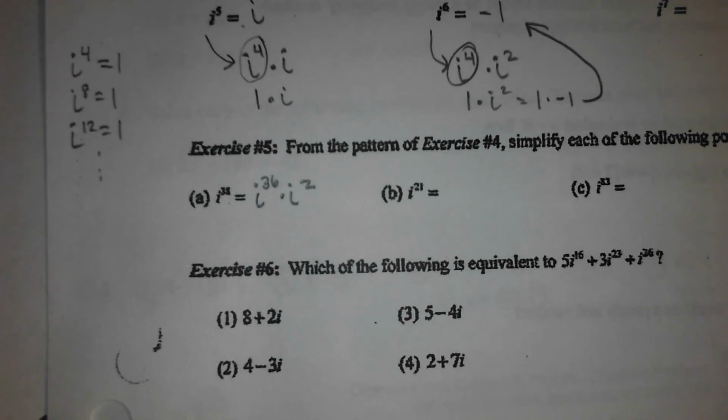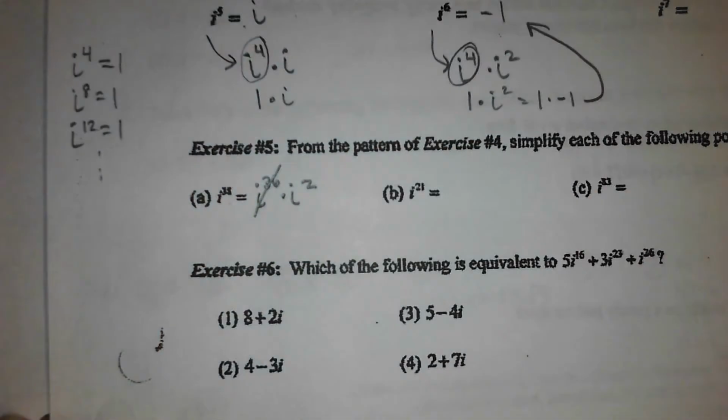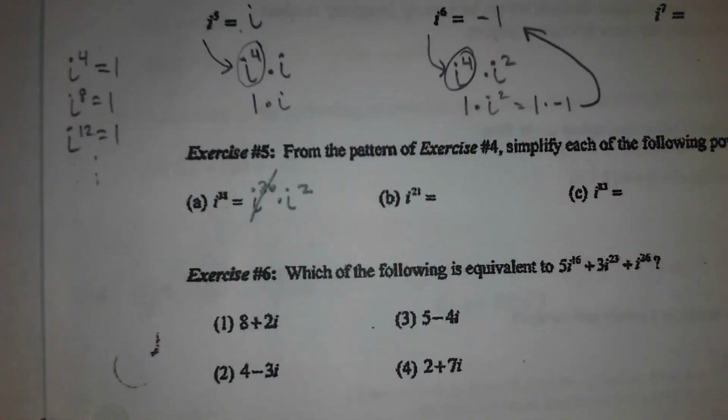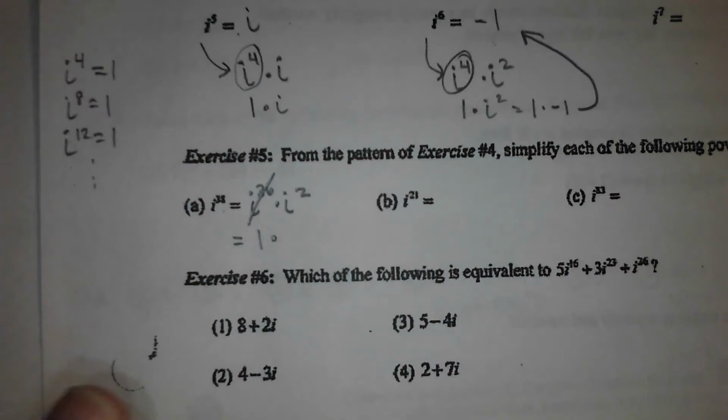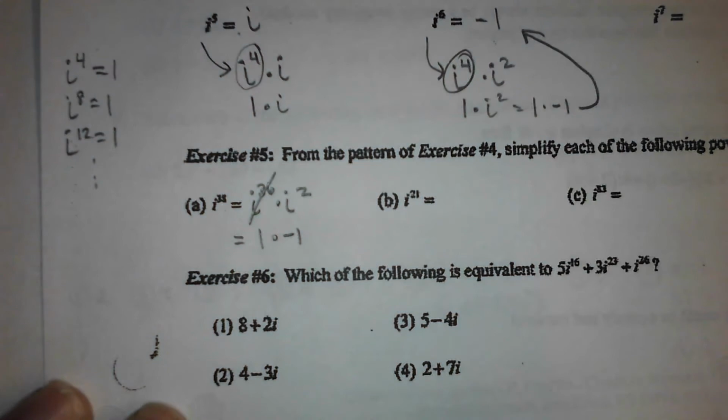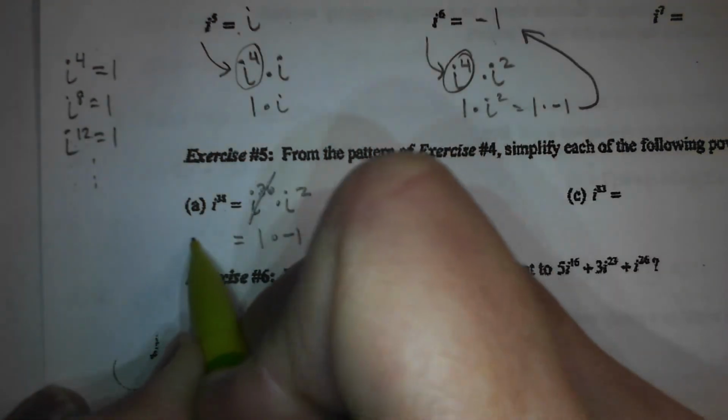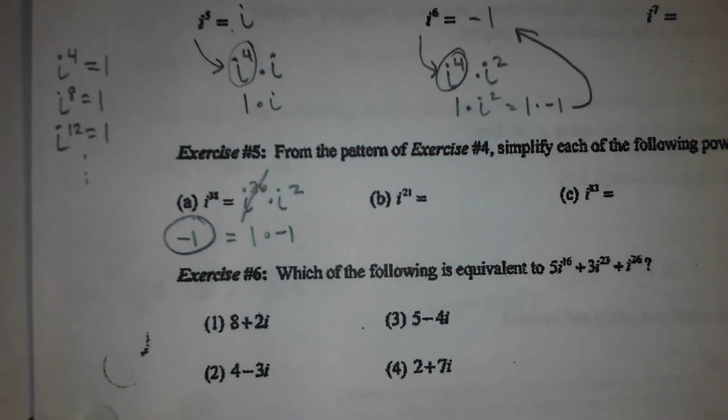And I like the I to the 36 because that's just 1. So I can just pretty much cross it out. Or if you really want to show it, you can say 1 times, and what's I squared? -1. And 1 times -1 is -1. So I to the 38th power is -1. Good? Does that make sense? So our focus is on what's the multiple of 4.